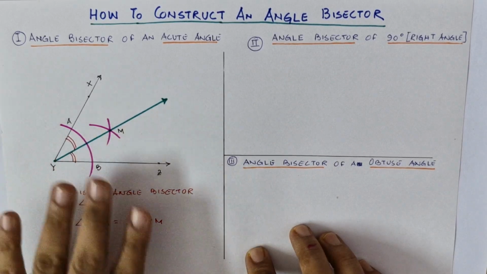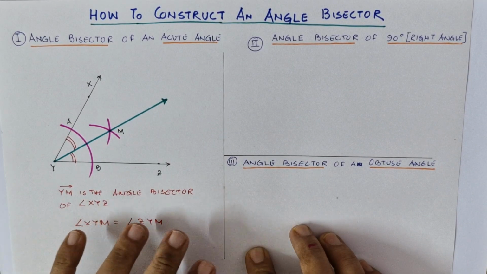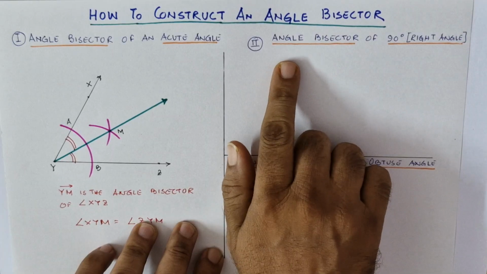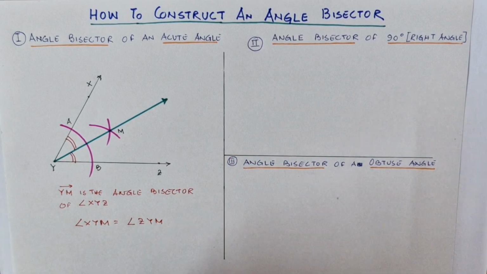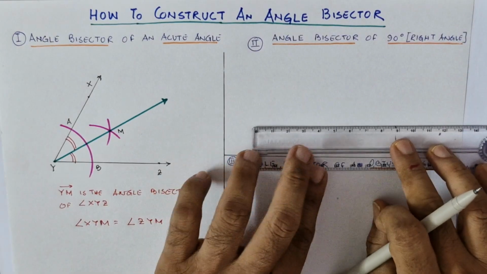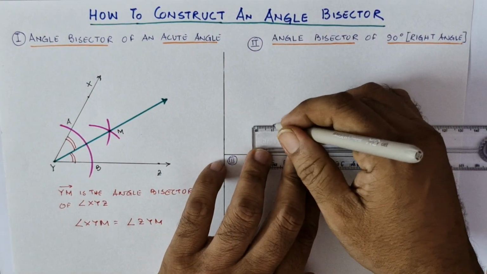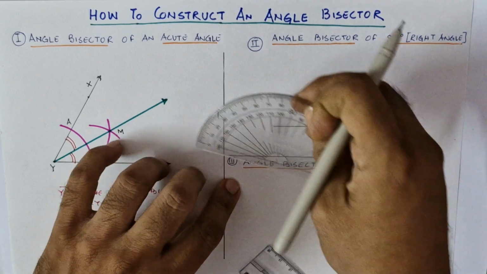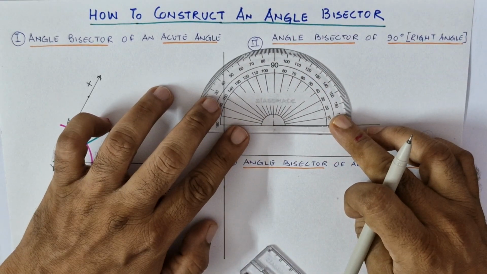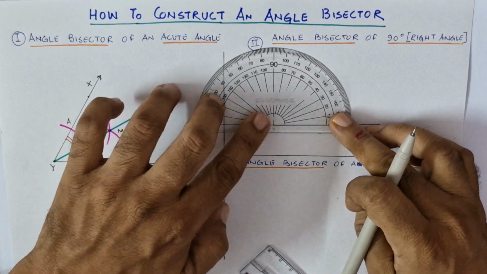Now we'll use the same method for any angle bisection. So we'll see the second one, the angle bisector of 90 degree. Got it? So we'll simply draw a 90 degree here in a simple way with a protractor.